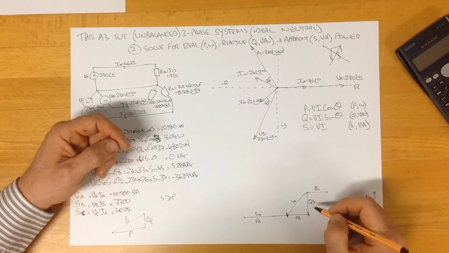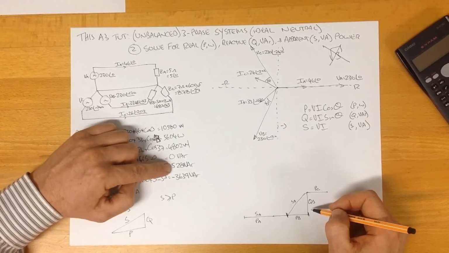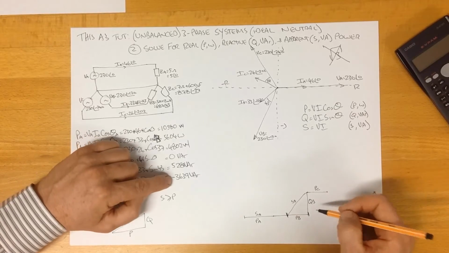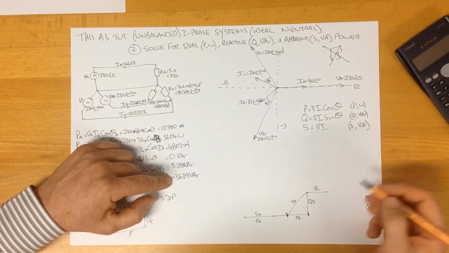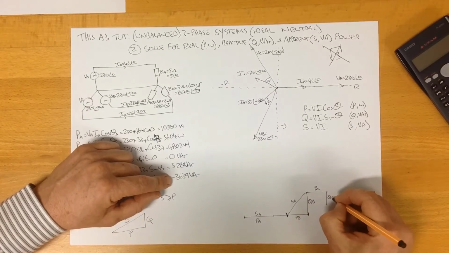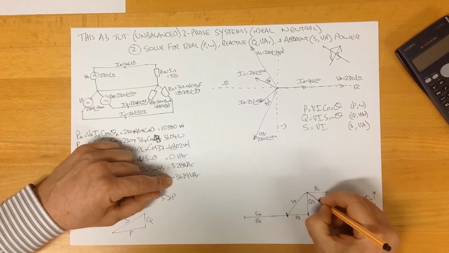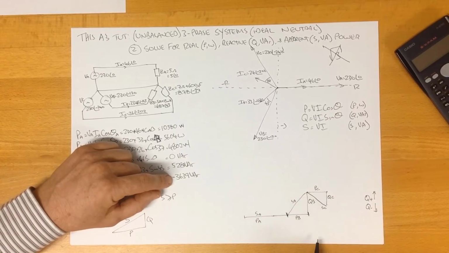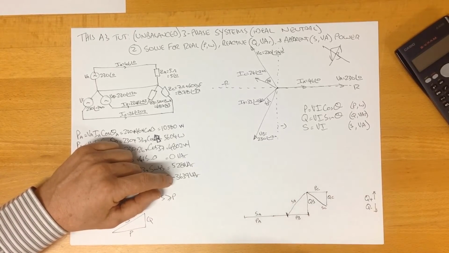So, we've established our QB here of 5,280 var, and we've got our QC of minus 3.6, which is roughly, give or take, two thirds. So we'll come down here like this, QC. So that is SC. So there are our three power factor triangles all drawn, and we're going to add them all up.